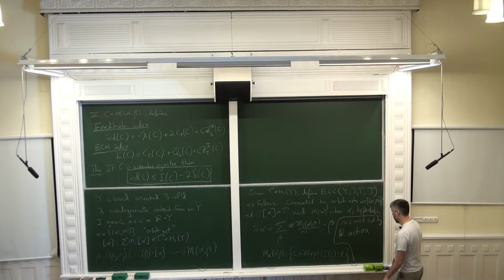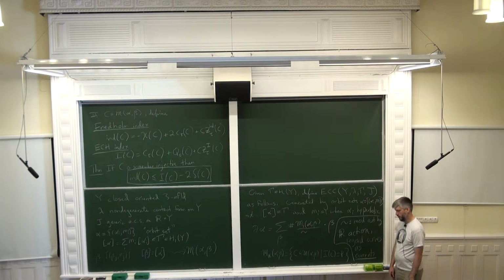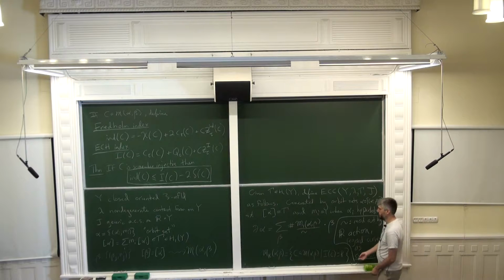And then one other thing: multiply covered curves should appear in here, but I regard them as currents. I don't care about where the branch points are. Okay, so that's the definition of the differential.